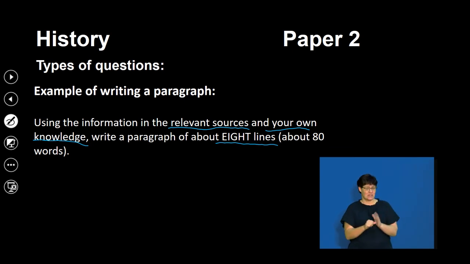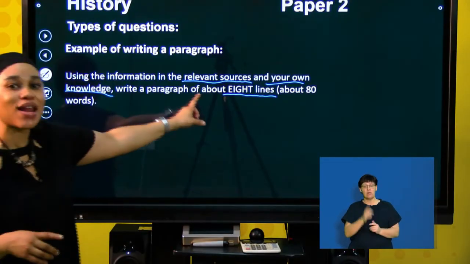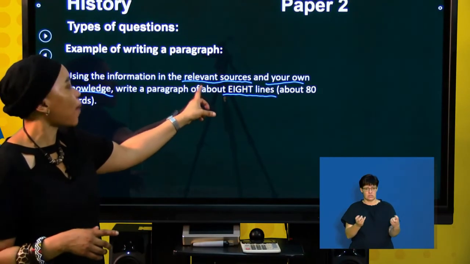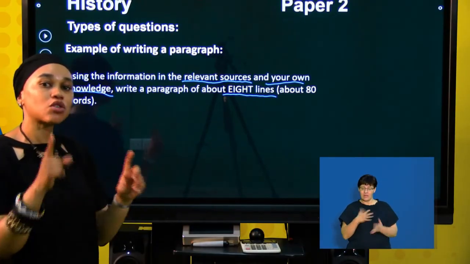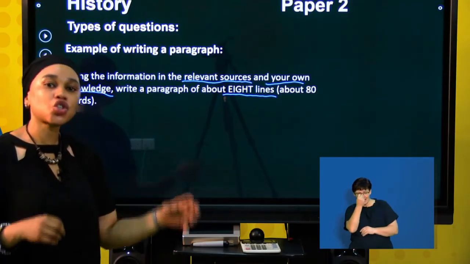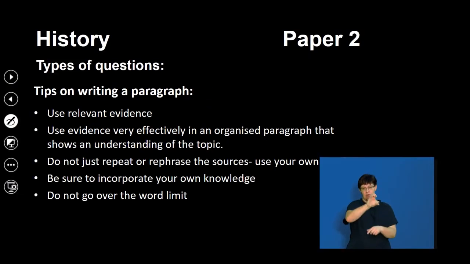So I hope that helps you understand how to answer paragraph questions. And you only choose the relevant sources. Don't just write a paragraph from all the sources that you've read. So it's very important to read and understand the question and then choose the relevant sources to help you answer that paragraph question. So when you're writing a paragraph, you have to use relevant evidence. You have to use evidence effectively in an organized paragraph that shows an understanding of the topic.